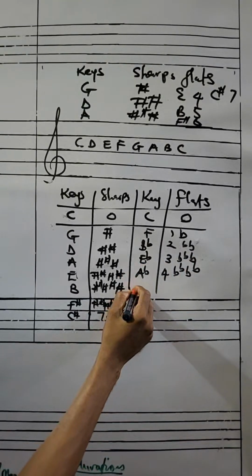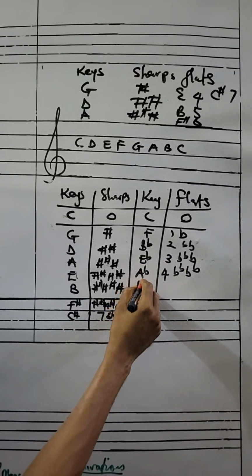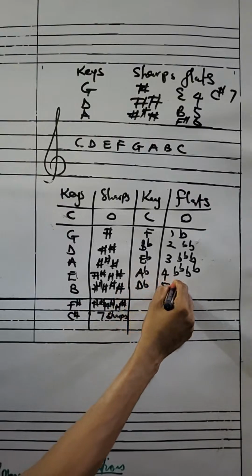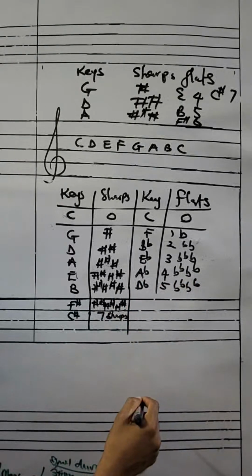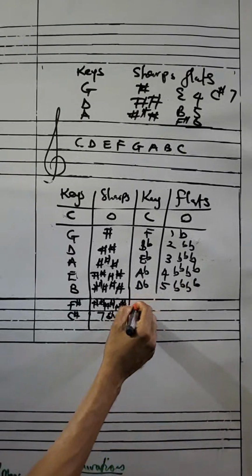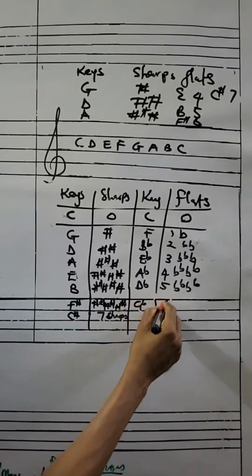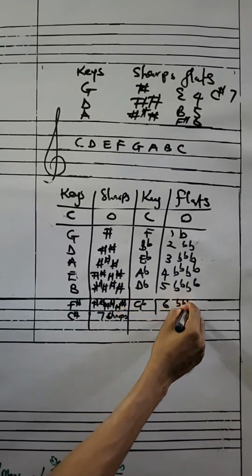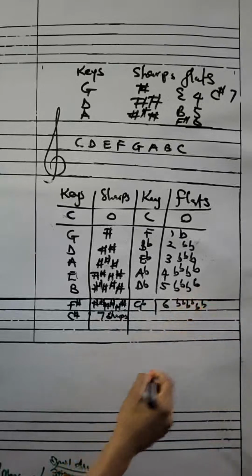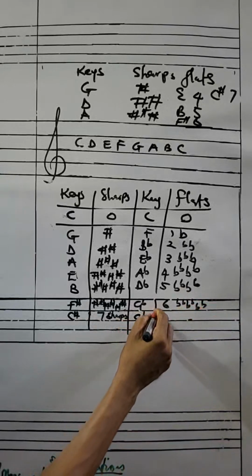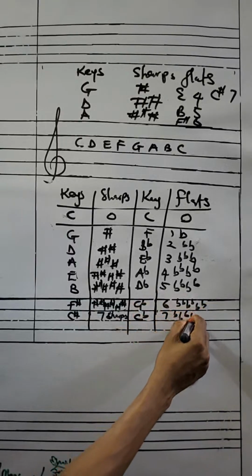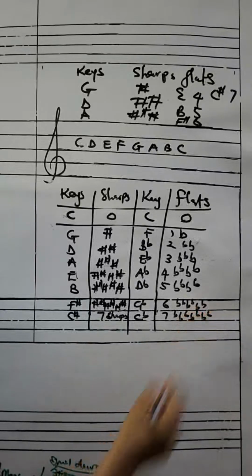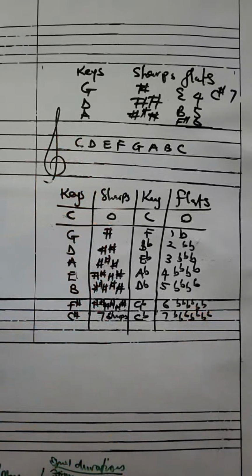And your D flat is equal to 5 flats. Are you seeing it? And your G flat equal to 6 flats. 3, 4, 5, 6. Then your C flat equal to 7 flats. So these are the flats and the sharps we have.